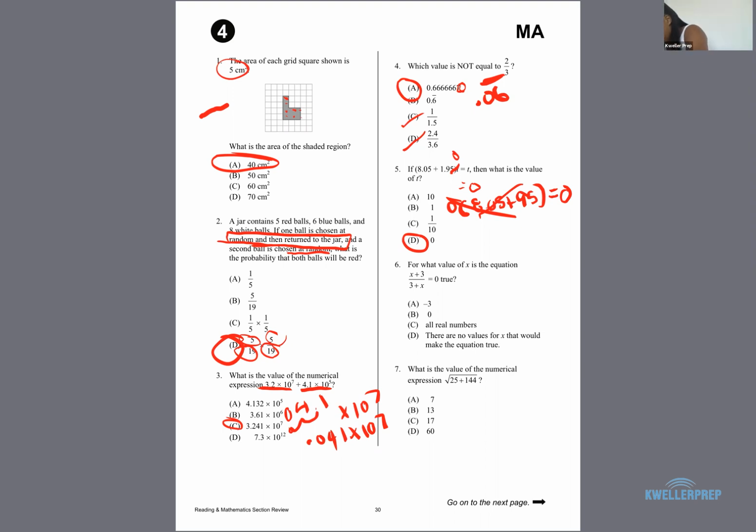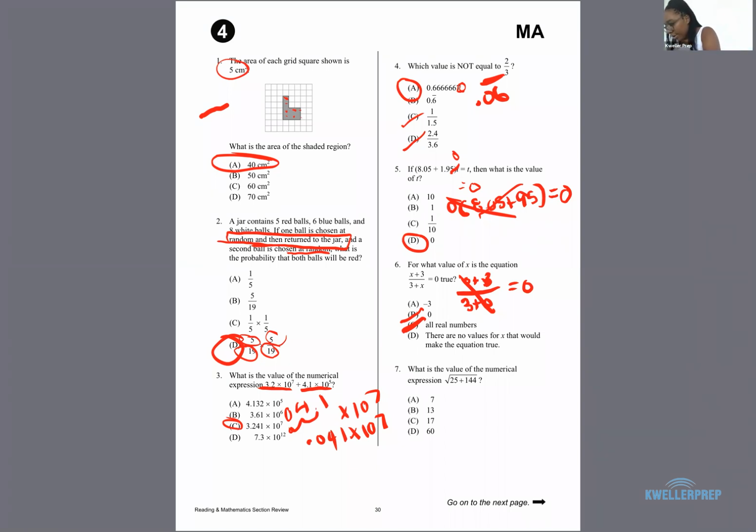You're going to get 0 plus 3 over 3 plus 0 equals 0. Not true. 3 divided by 3 is equal to 1, so you know that can't work. That also crosses out C, because all real numbers assumes that every number you plug in would give this problem 0, which is not true because we just established that if you plug 0 in, you get 1 for this problem.